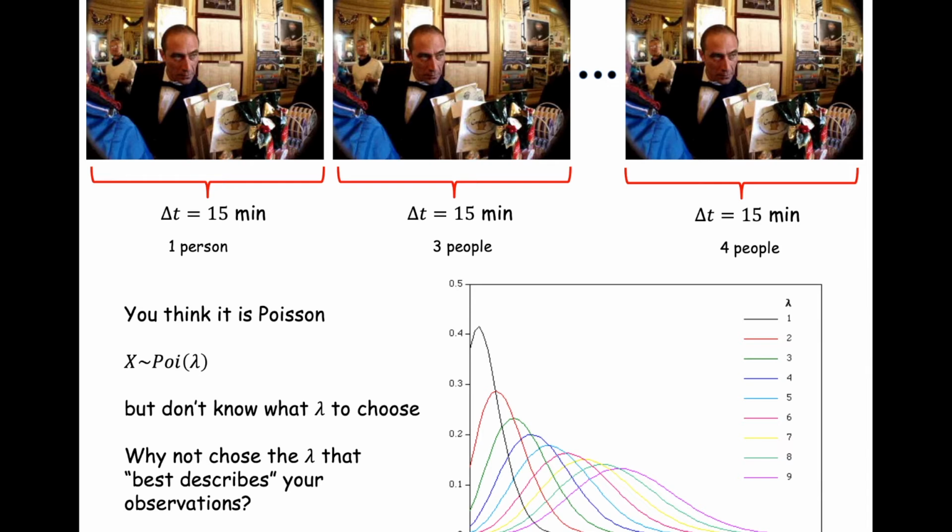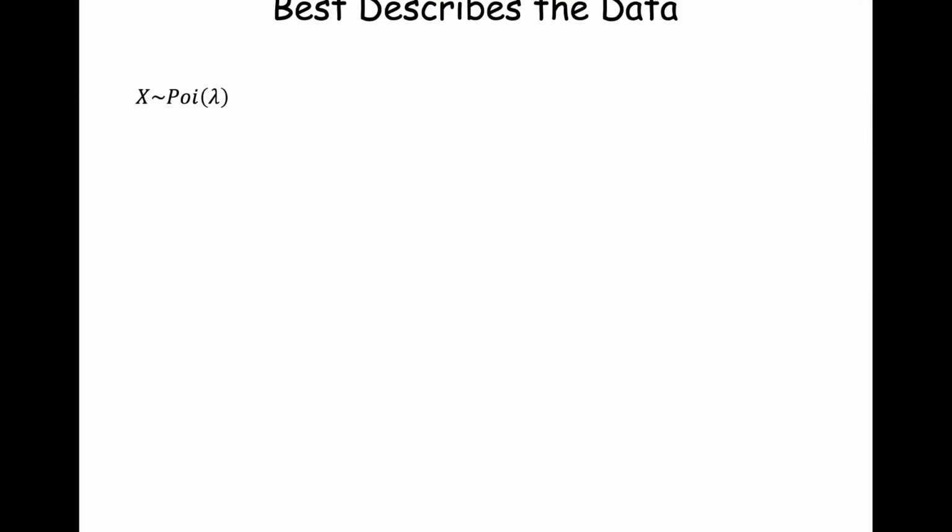So what exactly does this best describes mean? Well, we have our Poisson distribution, and the Poisson traffics in counts, so it's countably infinite, and therefore it has a probability mass function, and there's its closed form, lambda to the x e to the minus lambda upon x factorial.